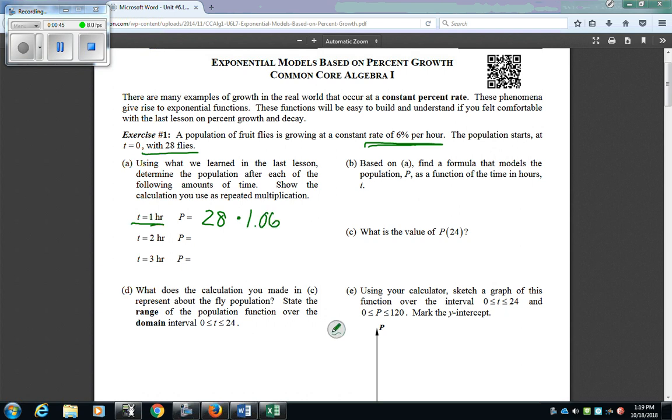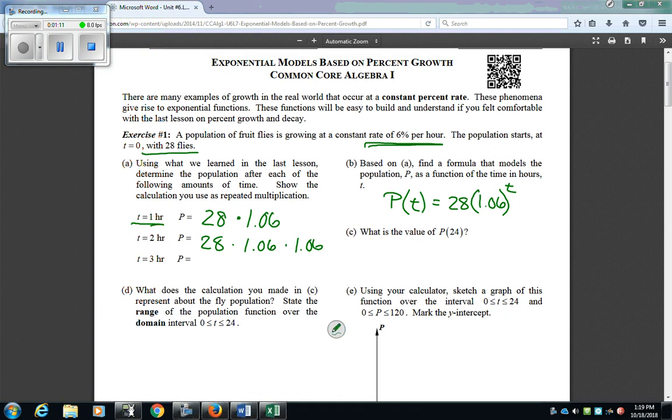And that's where you get your exponent from, because every time an hour passes, you multiply by 1.06 again and again. So our formula, using P for population in terms of time, would be 28 times 1.06, and then our exponent, in this case, is t.